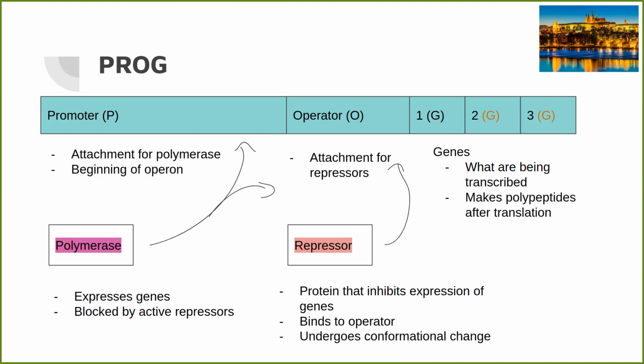On the slide, you can see brief descriptions of some of the parts in the operon, as well as the two main proteins. The arrows point to where they bind, as well as where they're going. For example, polymerase binds to the promoter region and can move on along the rest of the operon. Repressors attach to the operator region, which we'll look at later.